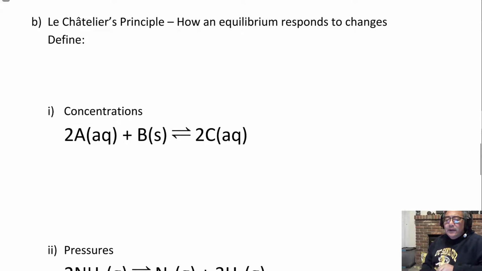So one of the really important concepts to understand in this section is something called Le Chatelier's principle. And it's actually pretty easy to know what's going to happen. But let me give you the definition and I'll show you how this applies to our system of cups and colored water, okay?